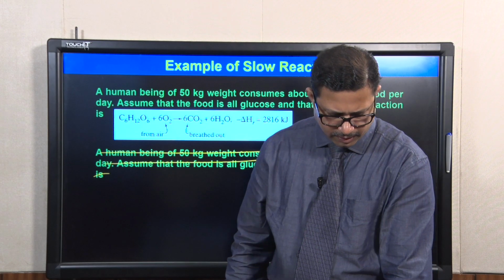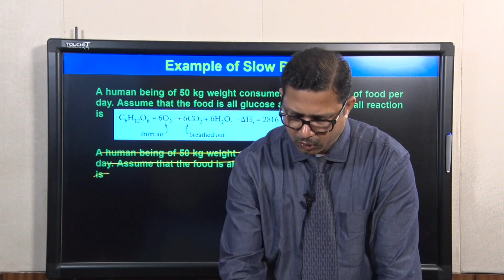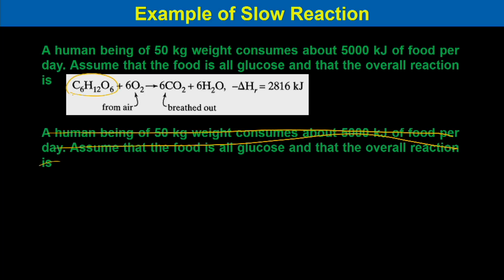Now, as we can see, each mole of glucose reacts with 6 mole of oxygen, producing 6 mole of carbon dioxide and 6 mole of water, and releasing energy which is 2816 kilojoule.